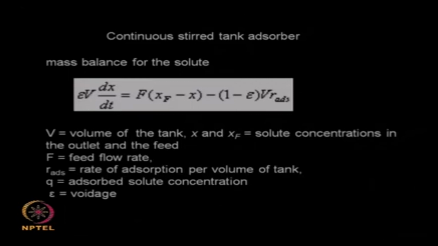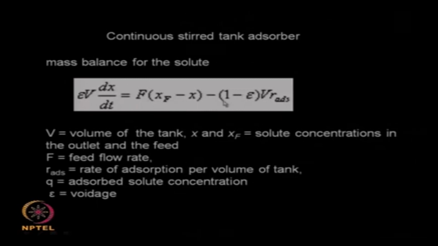So F into xf gives you the solute in, F into x gives you the solute out. This is the quantity flowing out, and x is the concentration of the solute in the exit stream. So this is in, this is out, minus the amount adsorbed. Because solute from the solution phase goes to the adsorbed phase, it is leaving this phase, do not forget, that is why you have a minus term here.